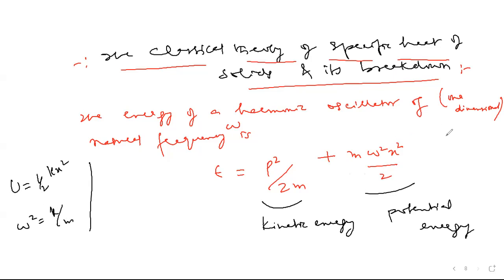Some books write q instead of x in this expression. So keep it in mind. The energy of a harmonic oscillator of natural frequency omega is written as this: p square by 2m plus m omega square x square over 2. Right?